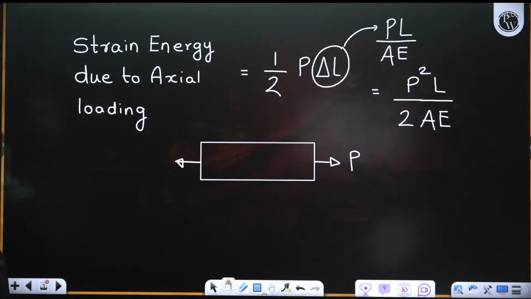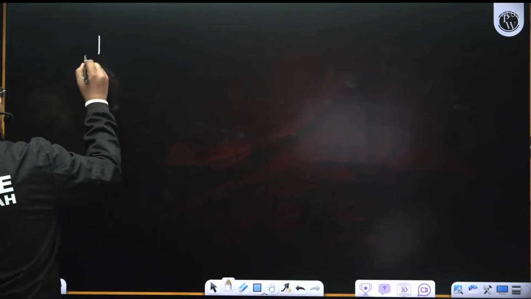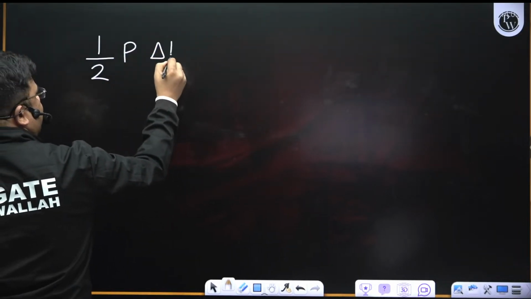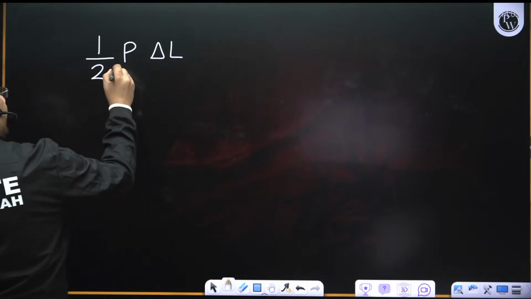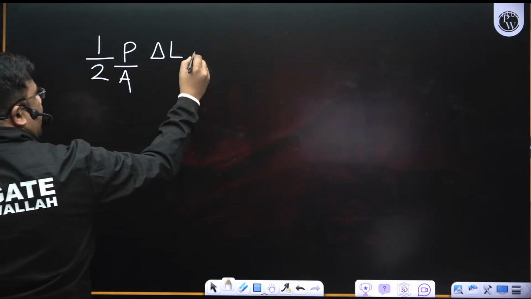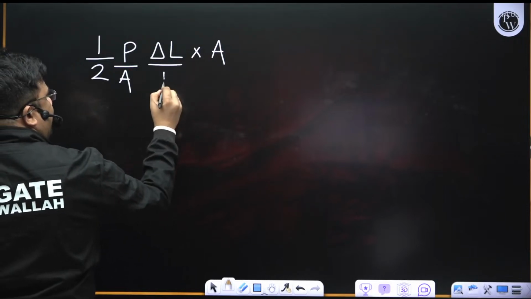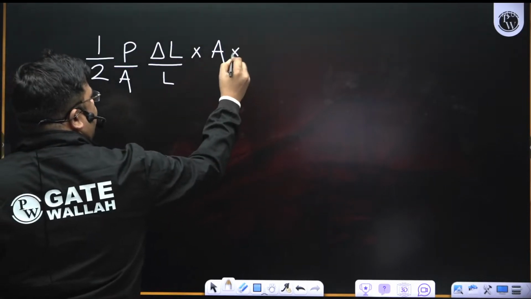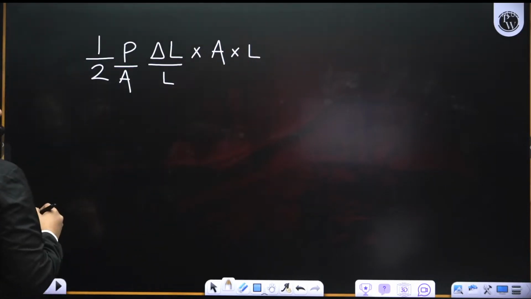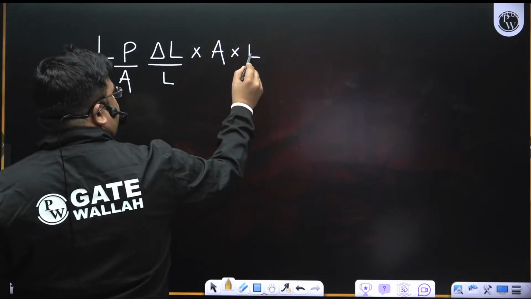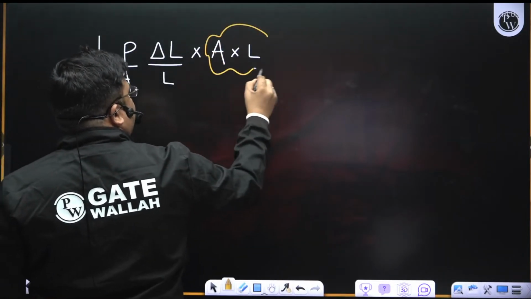Now the strain energy due to axial loading I can write down like this. I can divide it by area and multiply by area, then divide by L and multiply by L. Now this is area into length, this is volume.